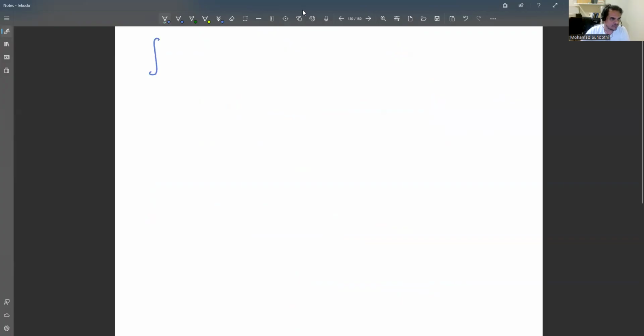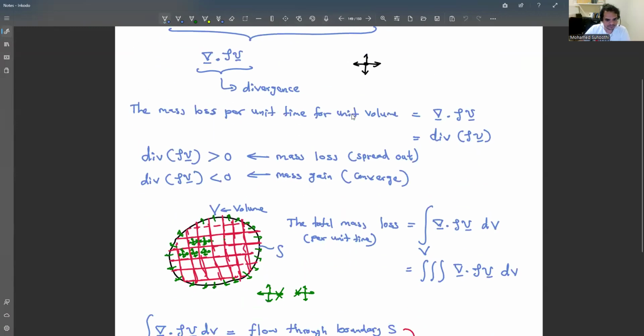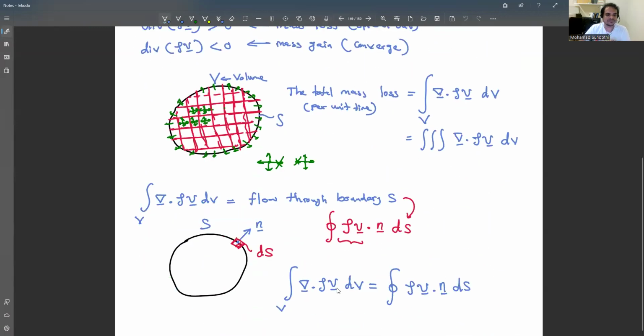That means the volume integral of the divergence of a vector, a vector field.